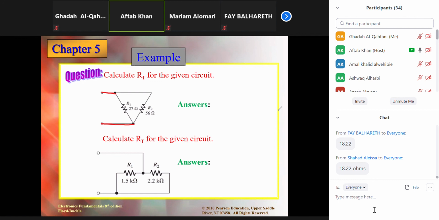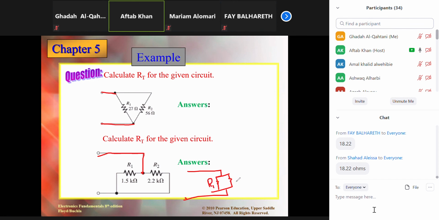Okay, that's good. Similarly here, see this one. It is a common node where R1 and R2 are connected. Shape doesn't matter. This circuit could also be drawn this way. Same. This is a parallel connection.